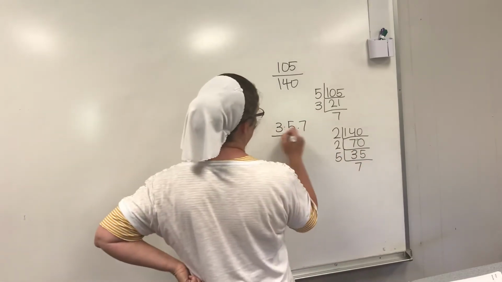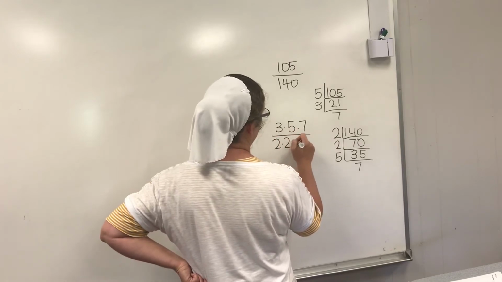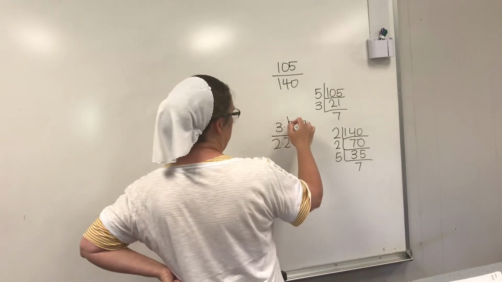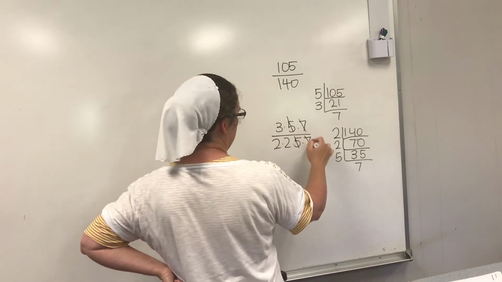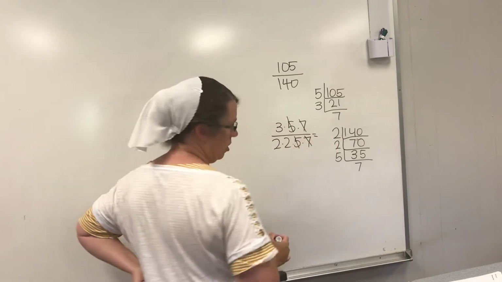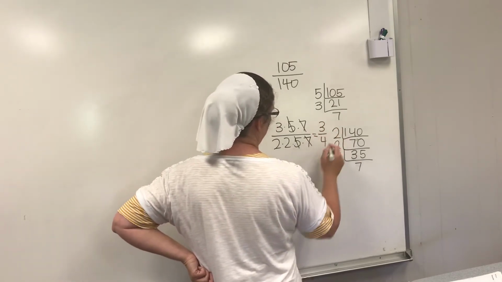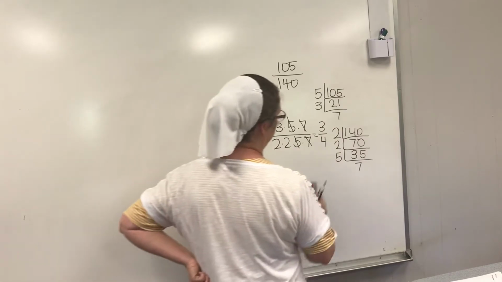So here our prime numbers are 2, 2, 5, and 7. Let's cancel out the ones that we have alike. And our reduced number is 3 over 4. 2 times 2.